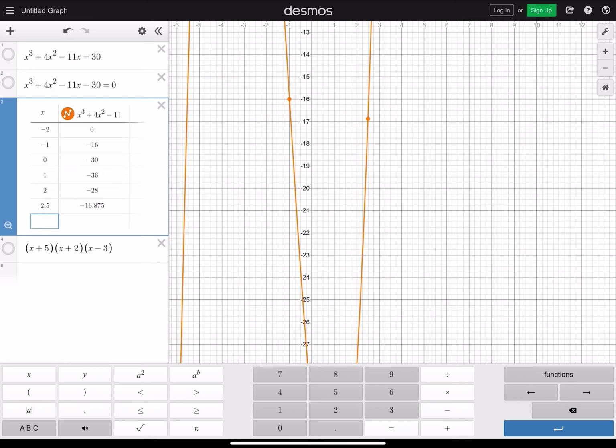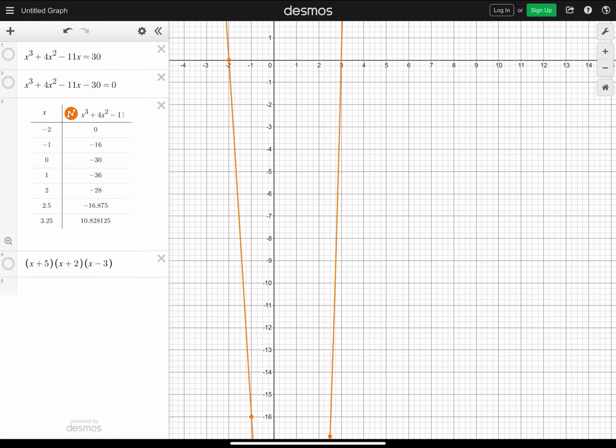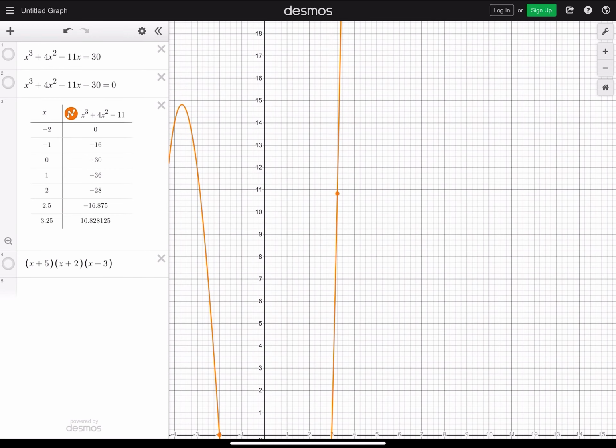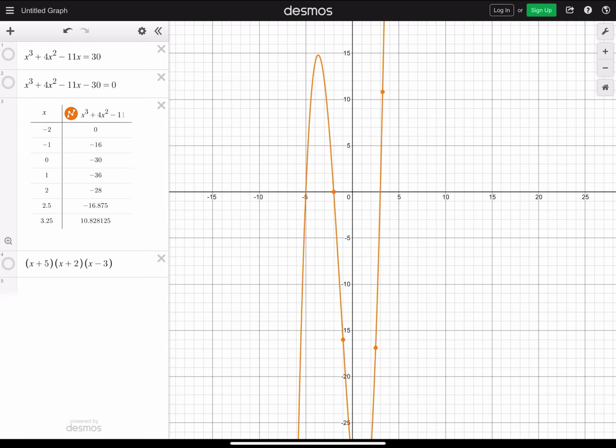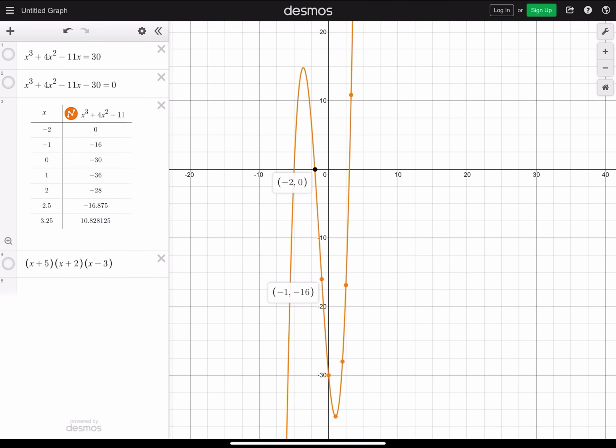Like the next line, 3.25, they will tell you y is equal to that. So when you look at x equals 3, that point is right over here. If you zoom out, you can get all the points. So let's see, 1, 2, 3, 4, 5, 6, 7. You can get points like that. So it's pretty convenient. All right, so that is the end of this video.